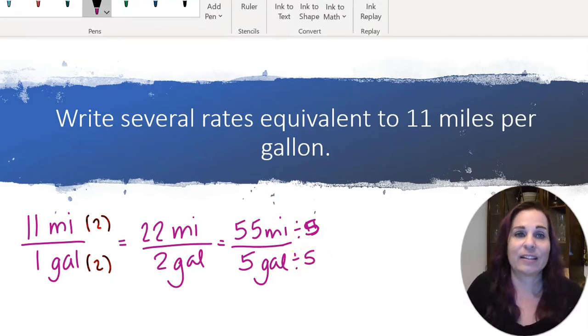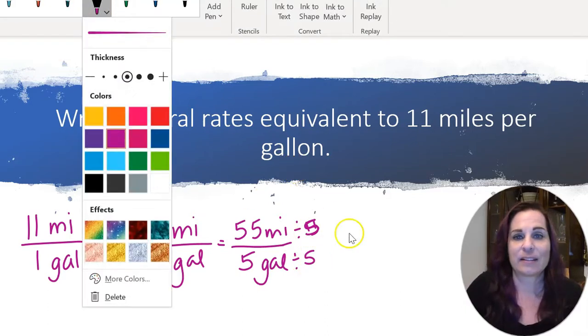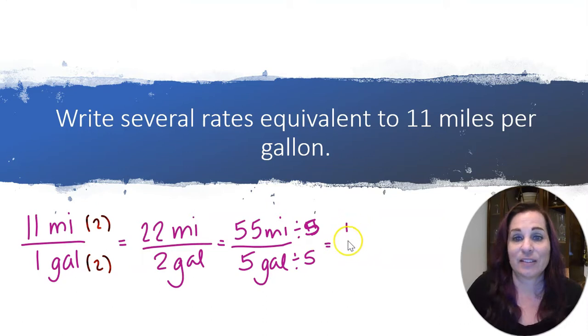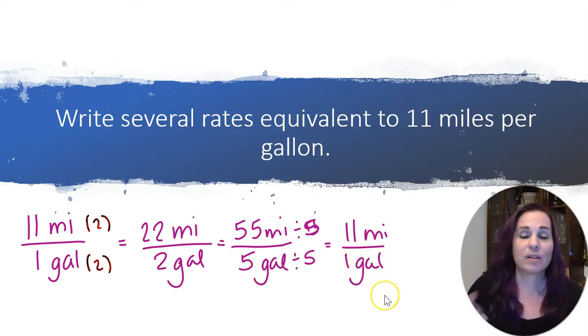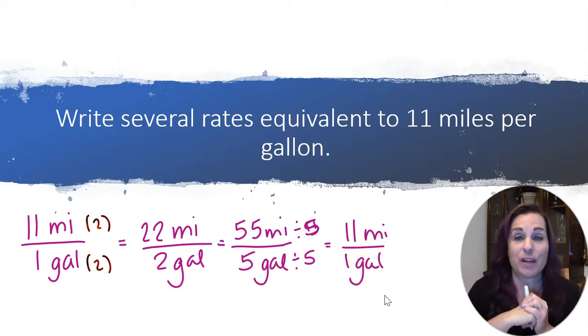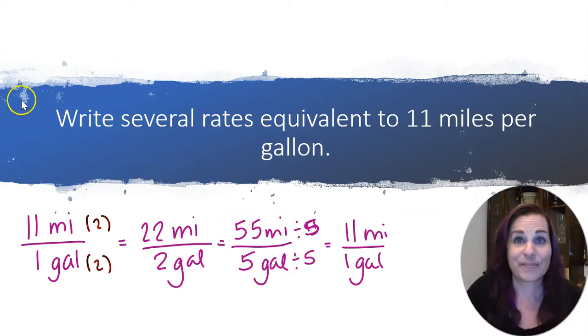And then I'll get 11 miles per gallon again, right? So as long as you're multiplying or dividing by the same number on the top and the bottom, then the rate that you're going to get is always going to be equivalent to the one you started with.